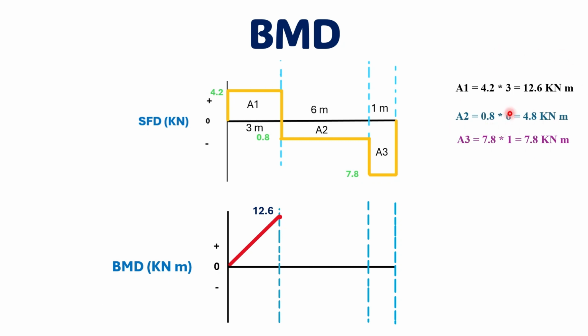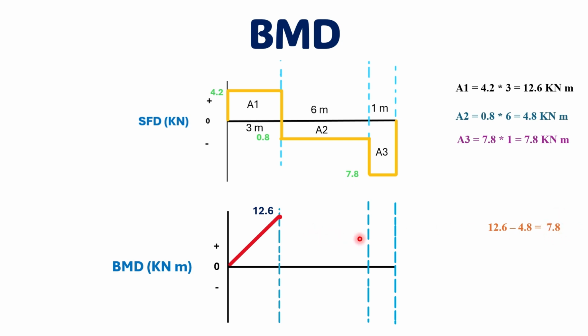Now the second step: area 2 is 4.8, which is below the main beam line, which is negative. So from 12.6 I will be subtracting 4.8. Why minus? Because it is below the main line, meaning this area is negative. So 12.6 minus 4.8 yields 7.8.